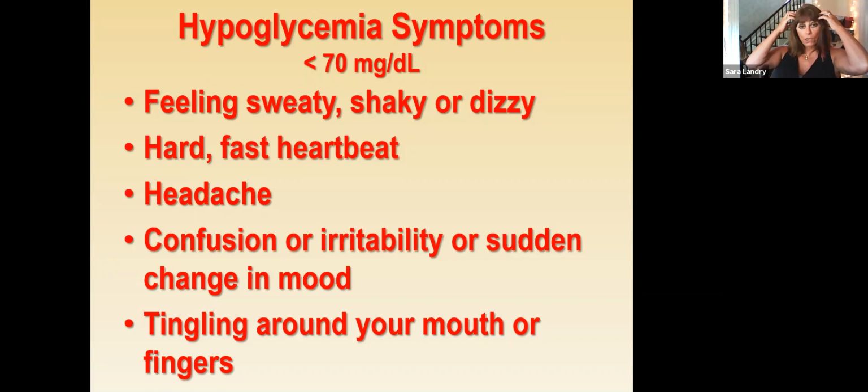If there's no sugar, your brain's not going to function. You're going to get a headache. You're going to get confused. You may have a total change in mood, tingling around your mouth and fingers. My sister, who's a diabetic type 1, I've been with her many times when she's had hypoglycemia, and she'll get aggressive, totally irrational. It's very scary.